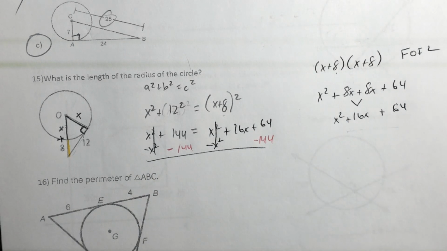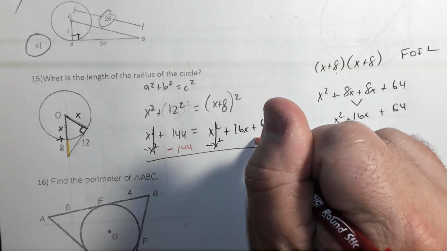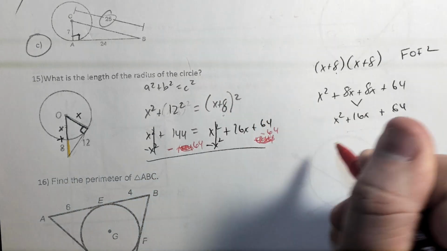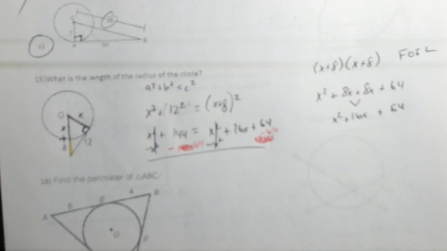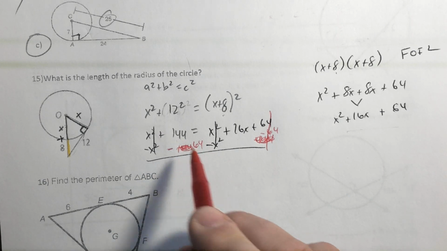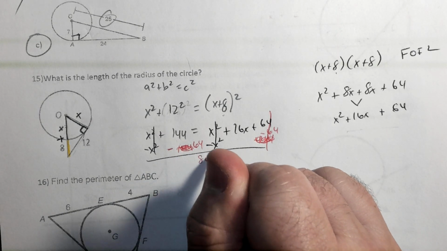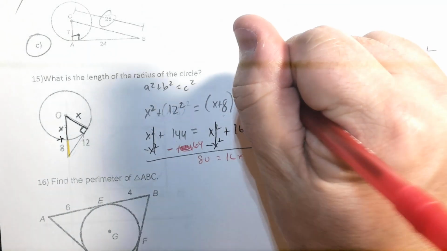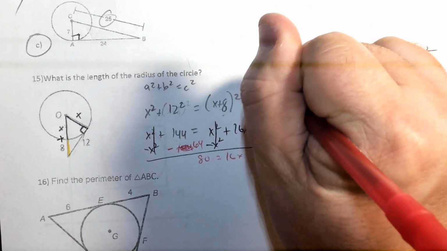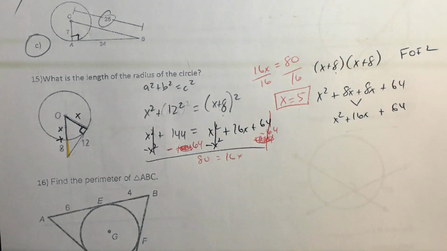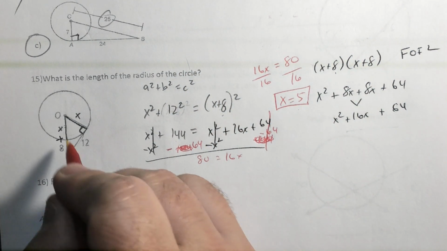Let's subtract the 64 because it's a smaller number. These are gone. 144 minus 64 is 80. So now we have 80 equals 16x. We can divide both sides by 16, and we find that x is equal to 5, so your radius is 5.